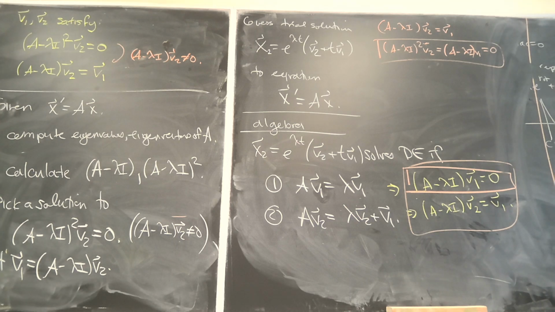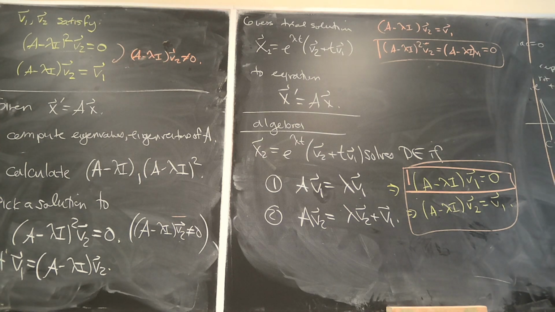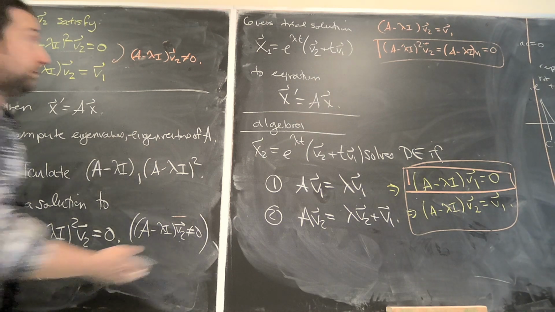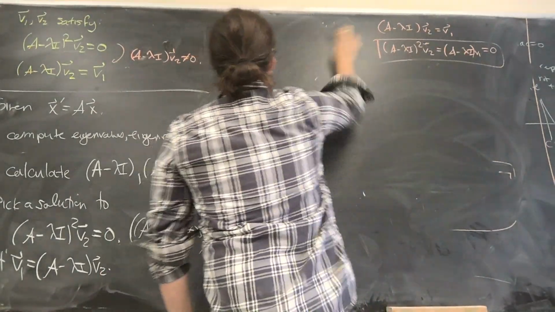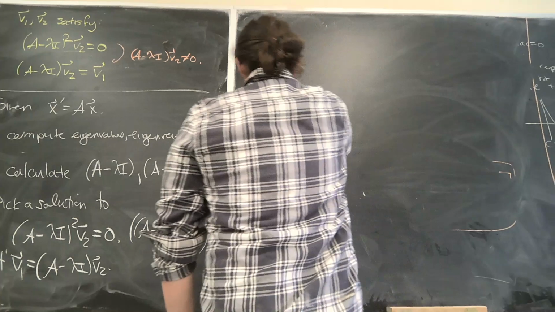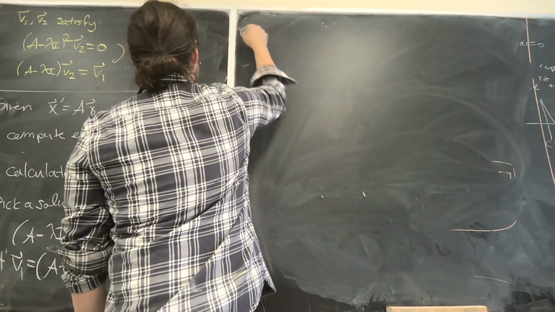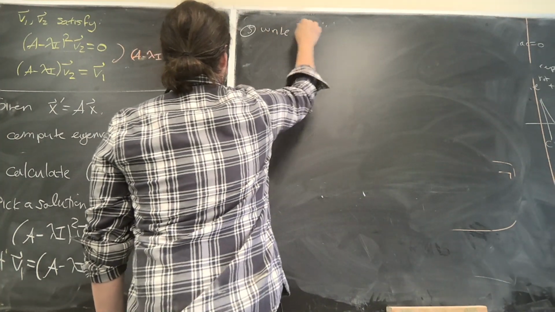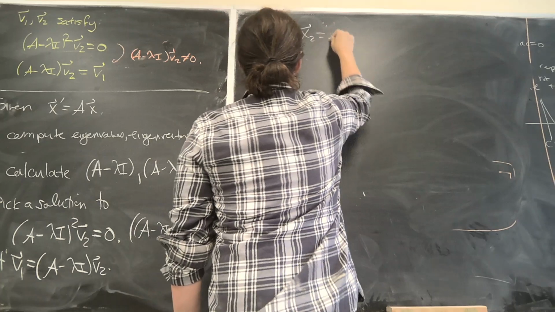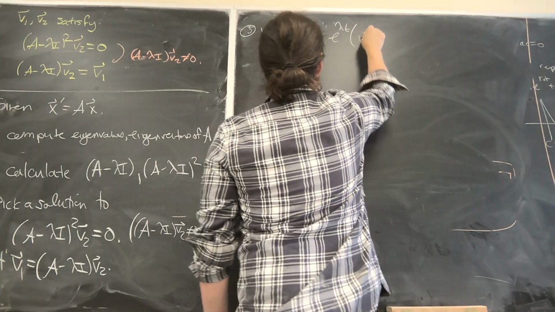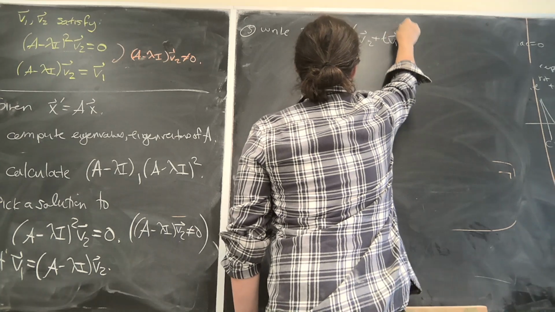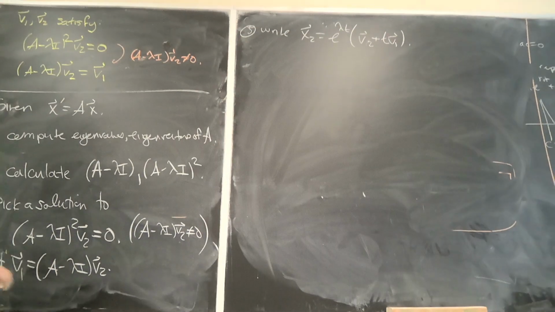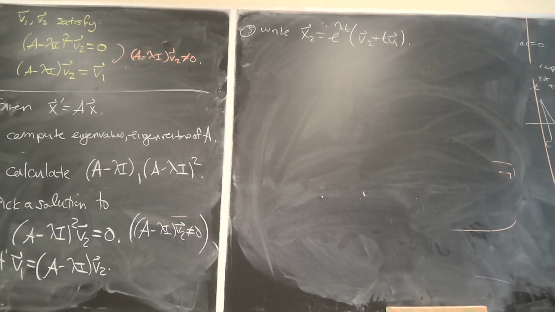And then once you have that information, you can just write the solution down. Step 5, you're going to write x2 as e to the lambda t times (v2 plus t v1). That'll be your second solution.